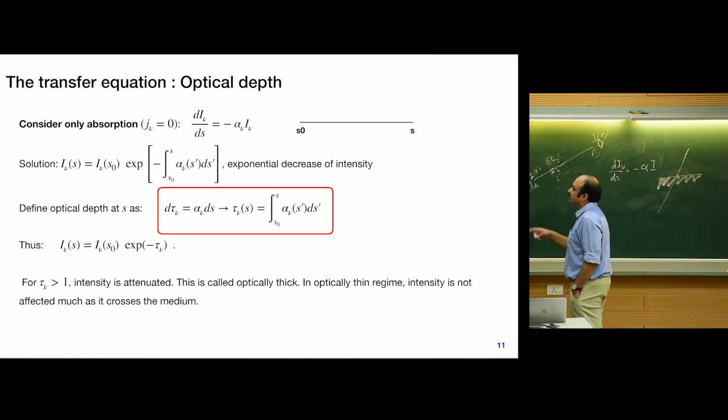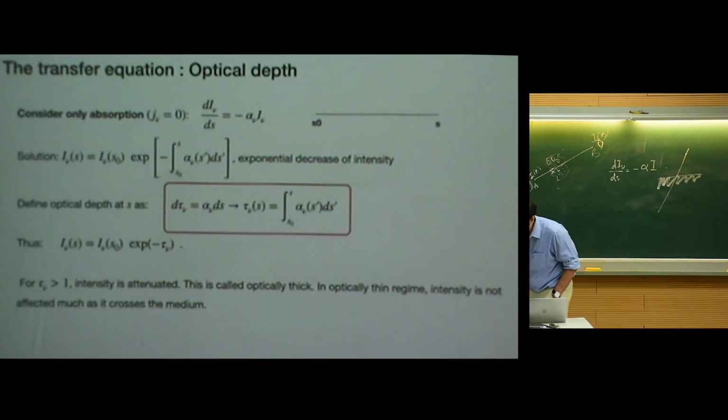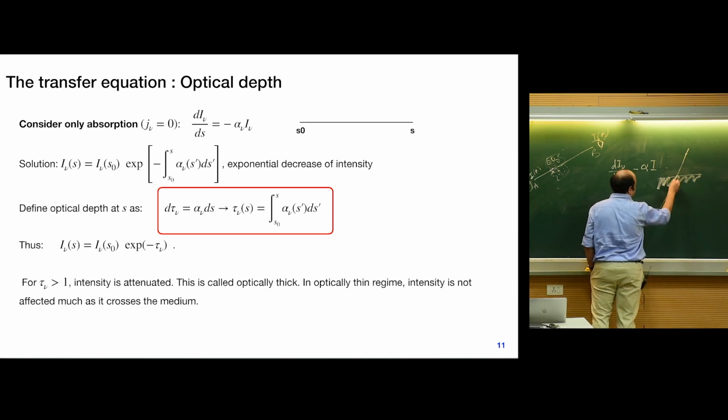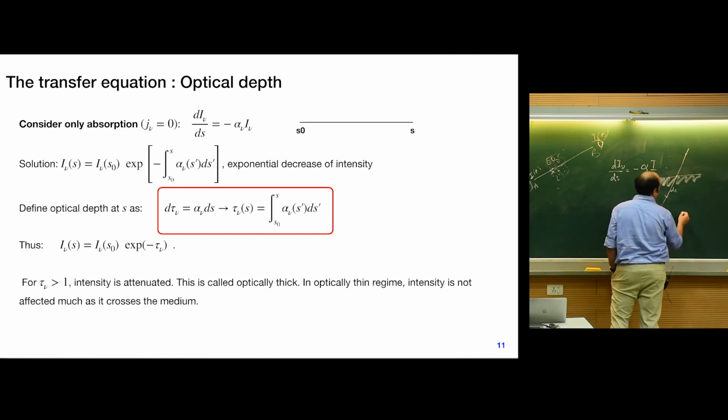So if you look at this integral here, the solution to this equation, you get an exponential of alpha times ds. So it is the depth from which we are calculating things. So I'm now calling the ds starting from this 0, which is z equals 0, let's say. So anything below z equals 0 is ds.